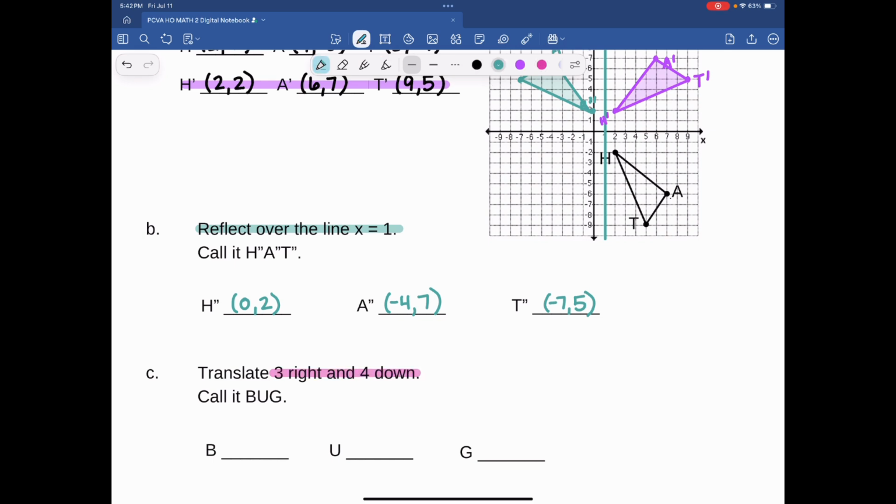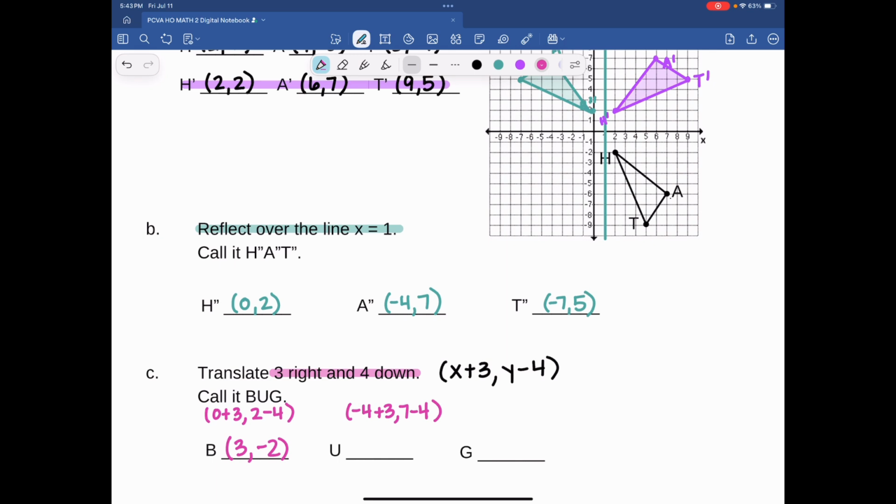Now, technically, we could write a rule for this, and we could say, okay, this is going to be x plus 3 and then y minus 4. So if I have 0 plus 3, that's going to be 3. 2 minus 4, that's going to be -2. So for A, because that's turning into U, we're going to do -4 plus 3 and then 7 minus 4.